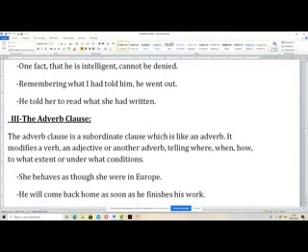It tells where, when, how, to what extent, that is adverb of degree, or under what conditions.